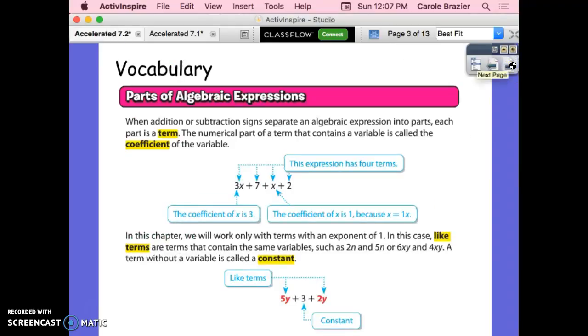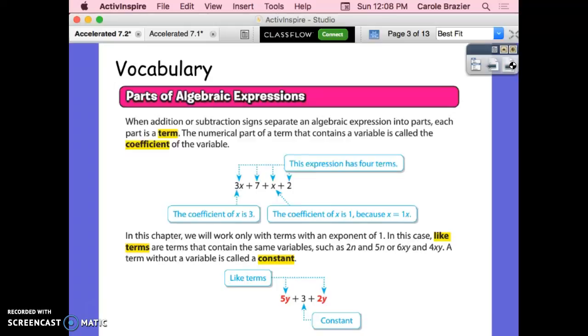For vocabulary, you need to make sure that you have all of these vocabulary words in your notes. So you need to have that a term is anything included with any sort of addition, subtraction, multiplication, division sign in between it, so it has an operation in between it.